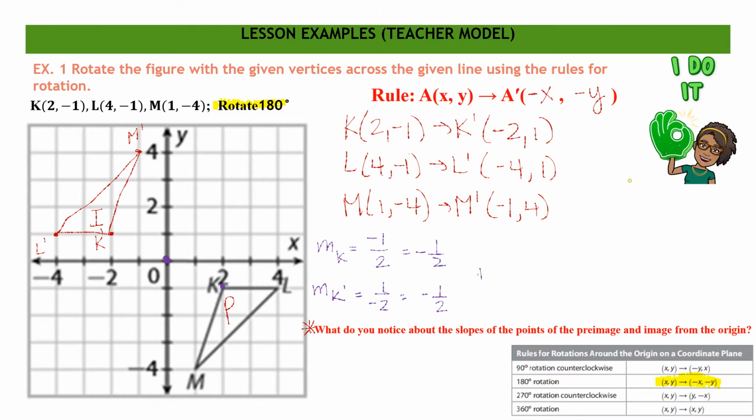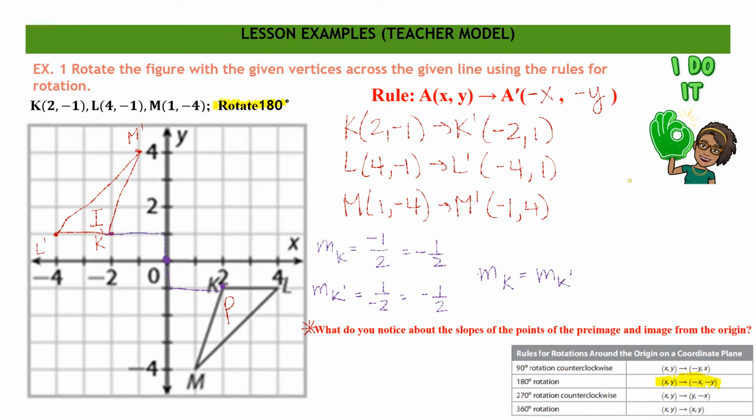If I notice the slope of my pre-image K is equal to or the same as my slope for my image K. Well, is that true for all of the points? Well, let's see. We went from K to K prime.